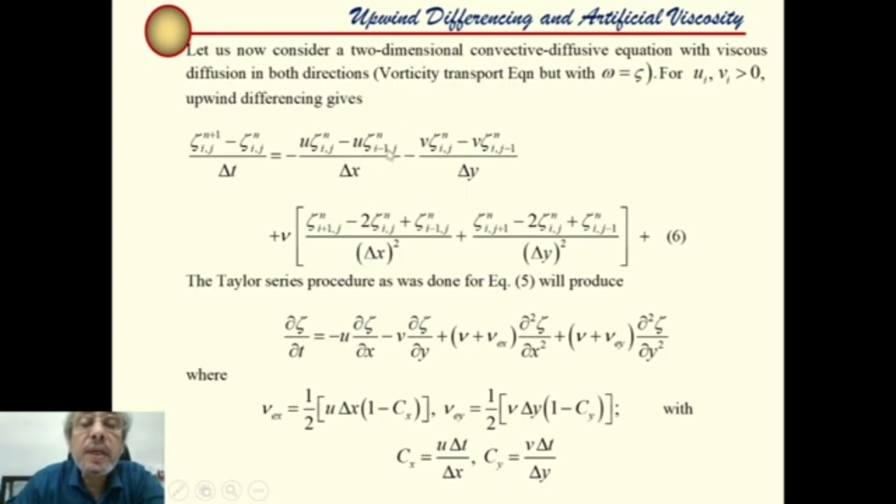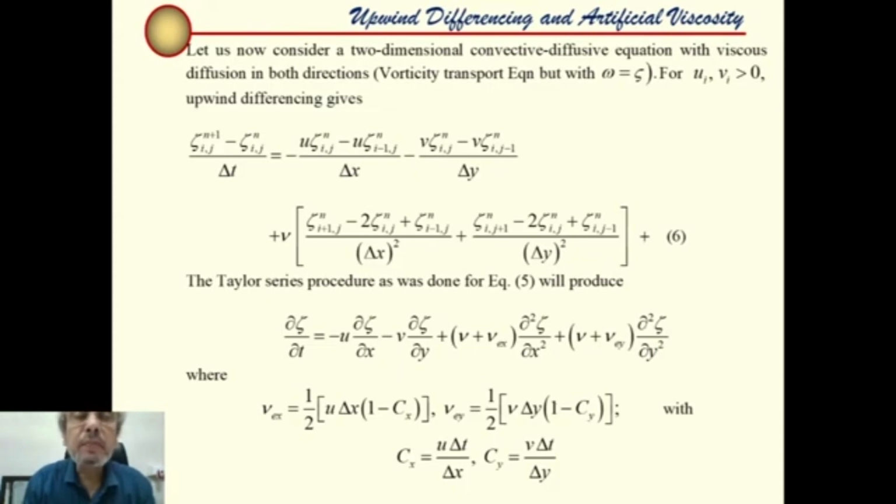For u positive, it will be zeta ij minus zeta i minus 1 j. Please recall that if u is positive, we will involve the upstream point.